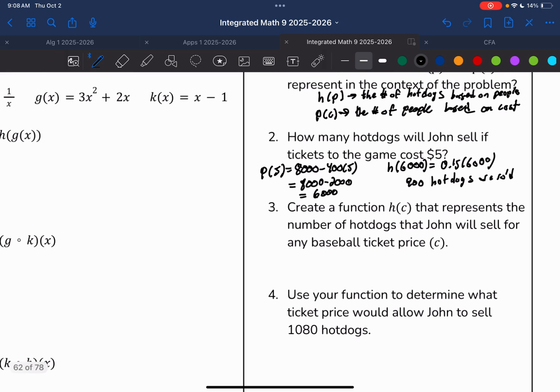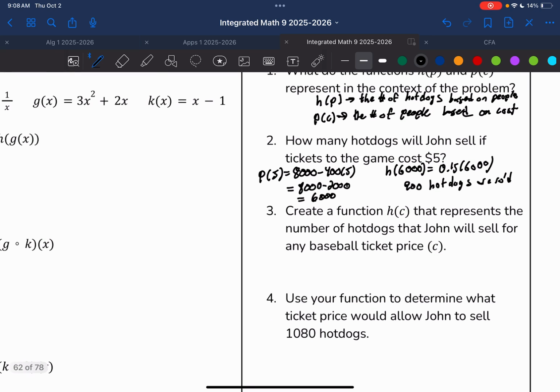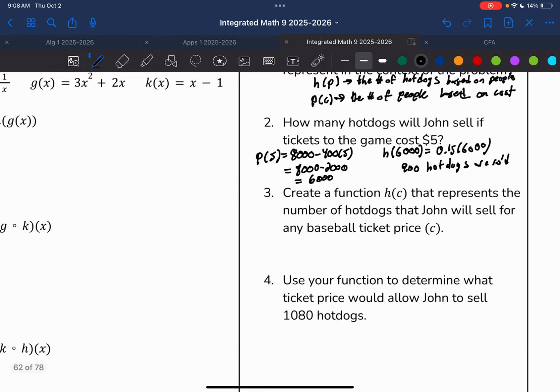All right, but what if we wanted to create a single function that told us how many hot dogs could be sold based on any ticket price for the baseball game? So we know we can start with h of p, that's 0.15p. But remember, this p, the number of people who come to the game, is itself a function of the cost of the game.